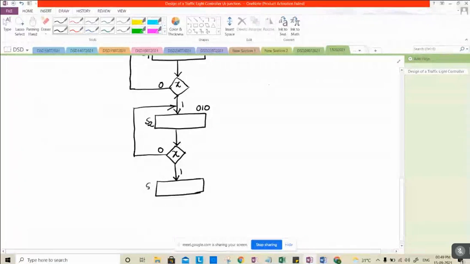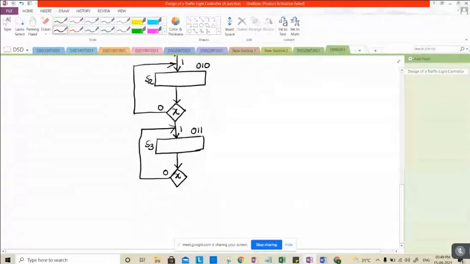Now S3 is represented as 0, 1, 1. And depending upon the x value, once again, if x is equal to 0, it's the same S3 state. If x is equal to 1, S4 state.